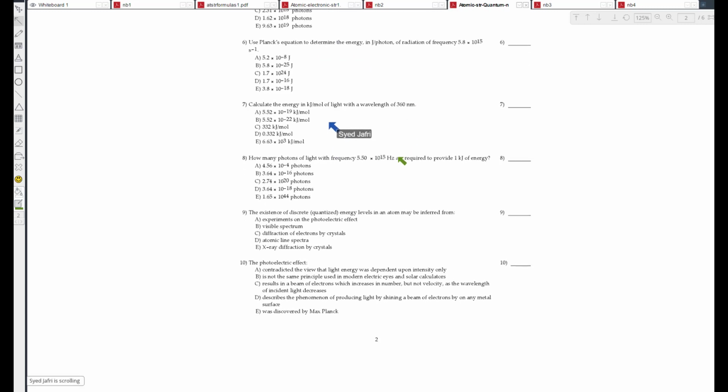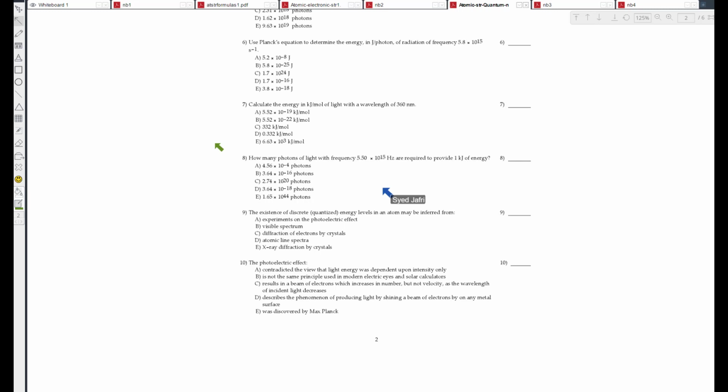What about this? 7 or 8? You have to think a little bit in this case. Calculate the energy in kilojoules per mole of light with a wavelength of 360 nanometers. You have to combine many concepts.